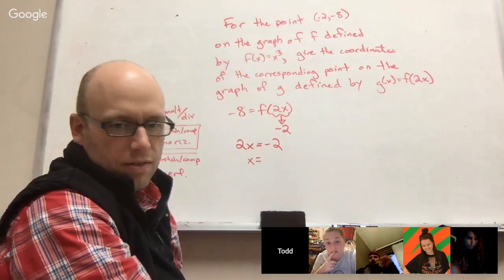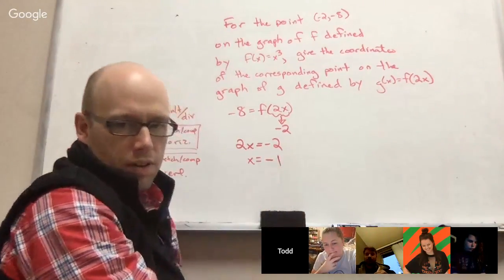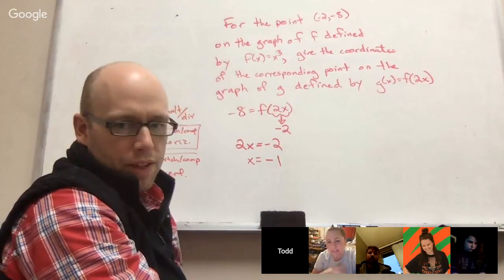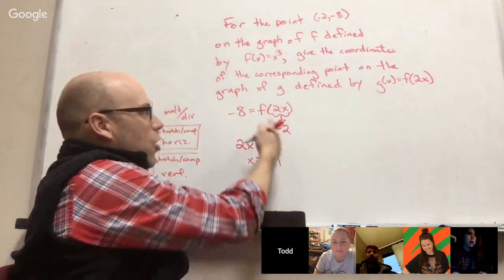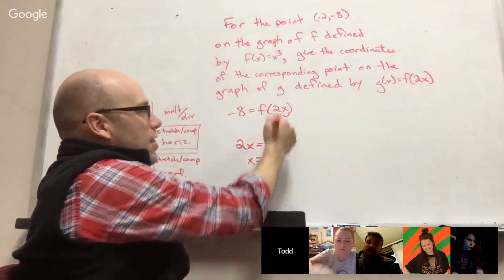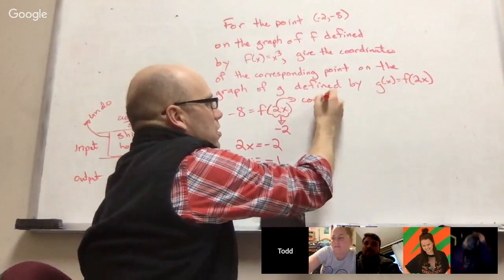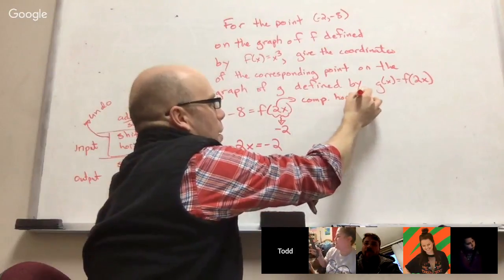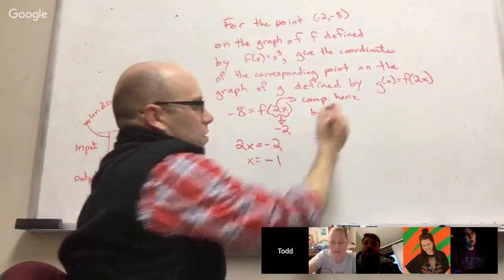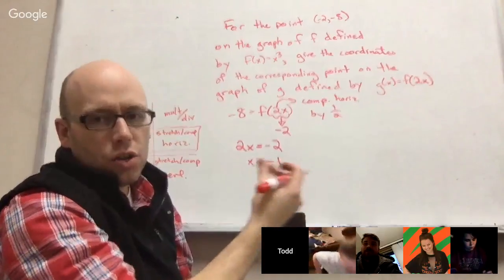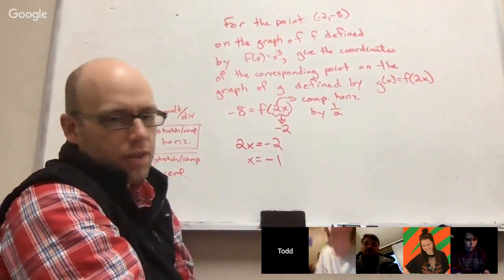-1. Okay. So the point that's going to coincide to that one here, this 2 is actually a compression horizontally by 1/2. We have to undo the operations on the inputs.